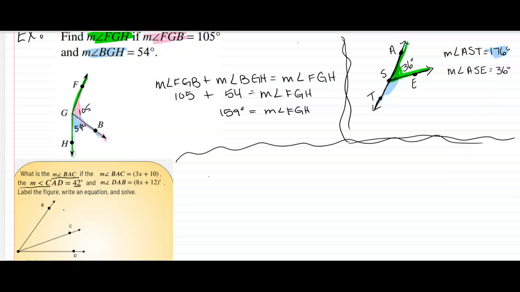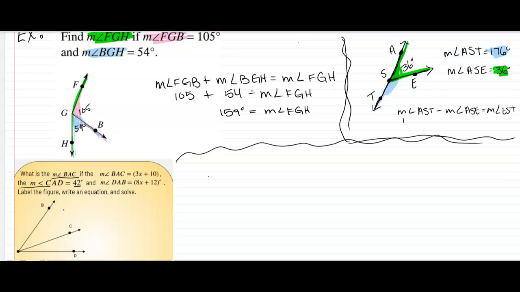Then in this case, we would not add. In this case, we would subtract. We would take the larger angle, angle AST, and subtract the measure of angle ASE, the smaller one, and that gives us the measure of angle EST.